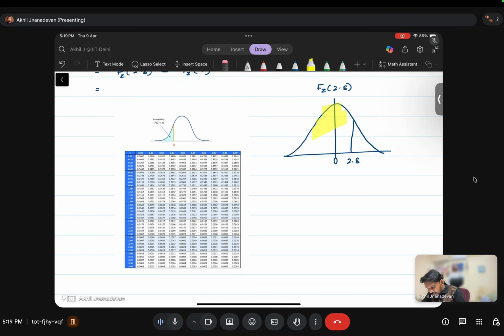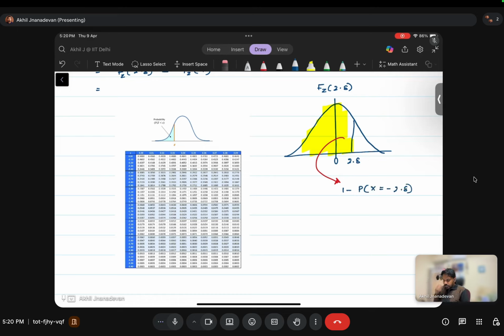From this table, this shaded region will be the same as 1 minus the probability corresponding to x equal to minus 2.8.